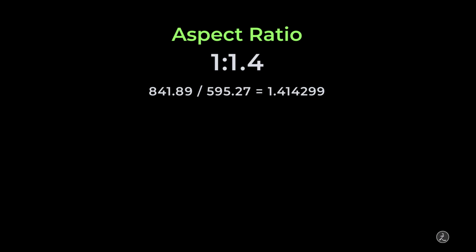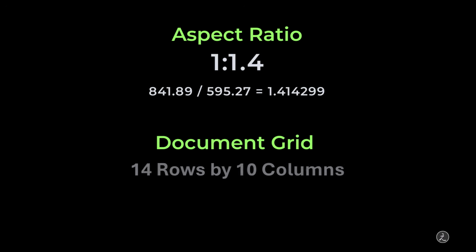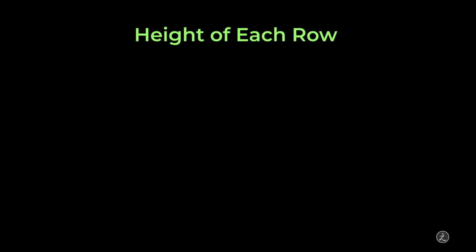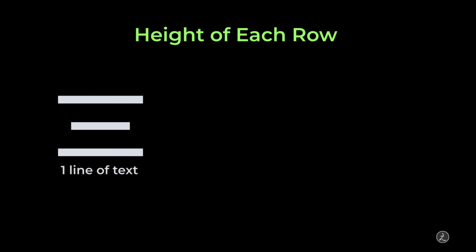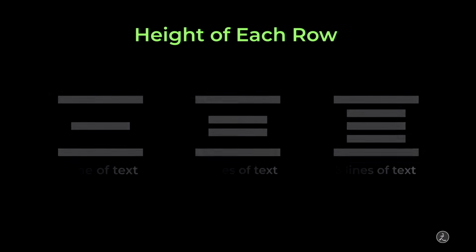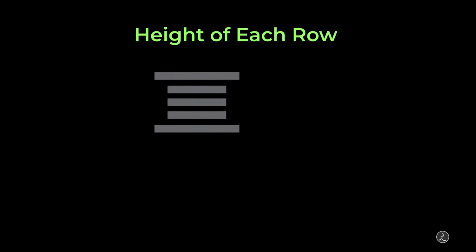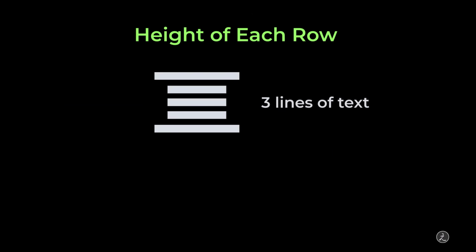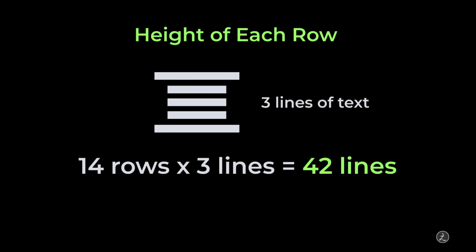To maintain the aspect ratio, our layout grid will have 14 rows and 10 columns. That will give us almost a square grid. The height of each row needs to be as big as 1 line of text, 2 lines of text, or 3 lines of text, and so on. I'll set mine to be as big as 3 lines of text, so 14 rows times 3 lines equals 42 lines.